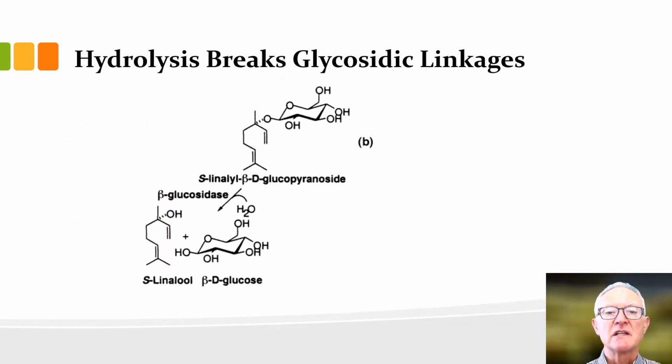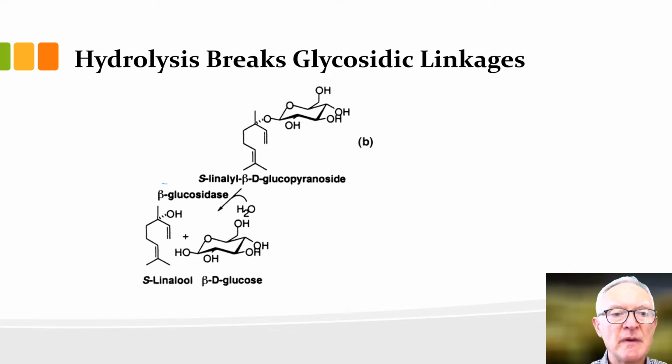Hydrolysis can break glycosidic linkages. So we said in yeast, oftentimes the yeast break bonds, conjugated links, covalent bonds between aroma molecules and sugars or amino acids. And that can be a chemical hydrolysis or an enzymatic hydrolysis. In this case, we're showing that molecule that we looked at on the prior page, linalool, bound to glucose.